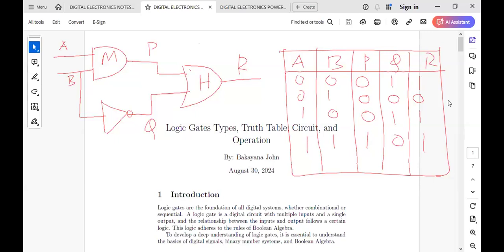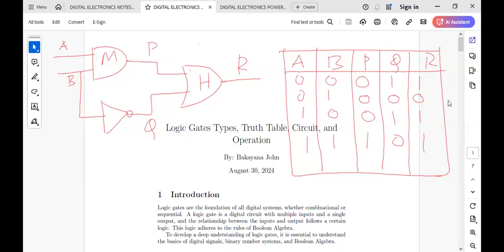Now, the Q is connected on switch B. And the Q is a NOT gate. The NOT gate inverts the input. For example, if B is open, it will invert it, and the output will be 1.